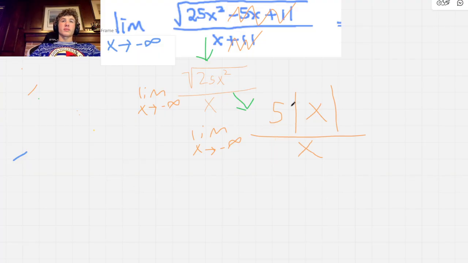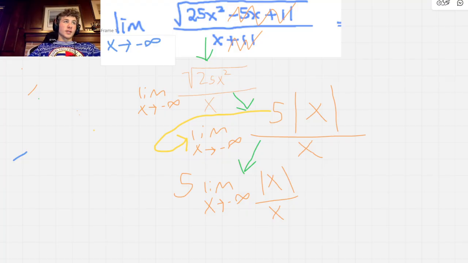The reason I bring that into play is that this 5 we can move out front. And this happens for any limit. It doesn't just have to be an infinity or negative infinity problem. So then we make it 5 times the limit as x goes to negative infinity, and having that 5 out front definitely makes our life a little bit simpler.